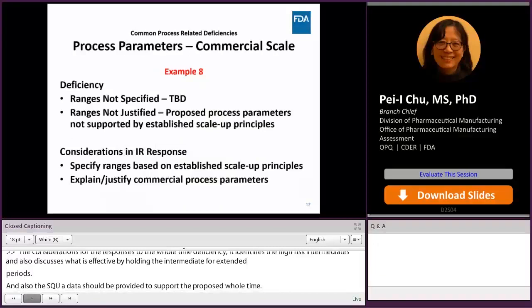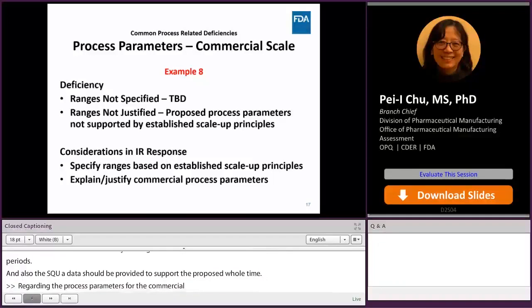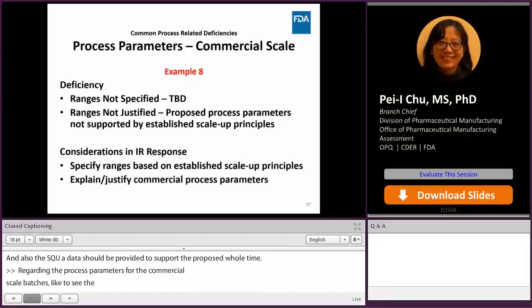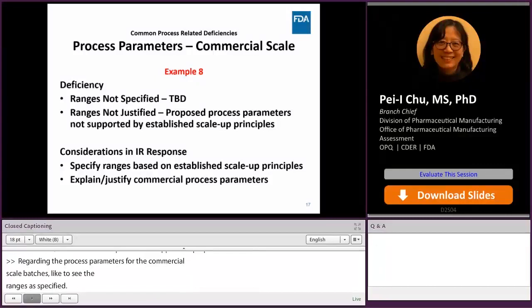Regarding the process parameters for the commercial batches, we would like to see process parameter ranges specified and also justified with either established scale-up principles or based on your development experience.